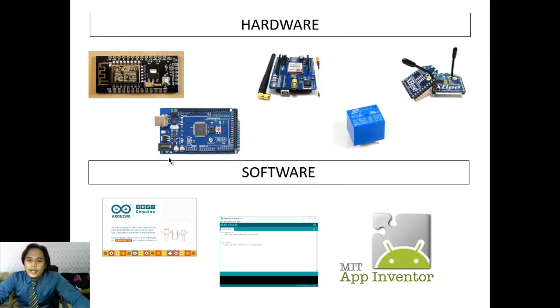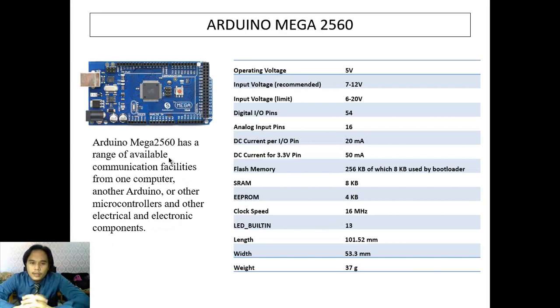So the hardware and the software. The first one, the critical one, is my controller, the Arduino Mega. Arduino Mega has a range of available communication facilities from one computer, another Arduino, or other microcontrollers, and maybe other electrical and electronic components.